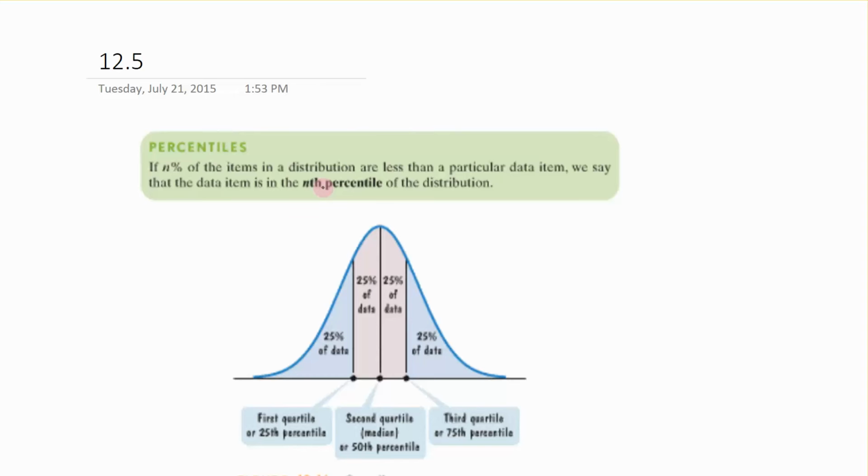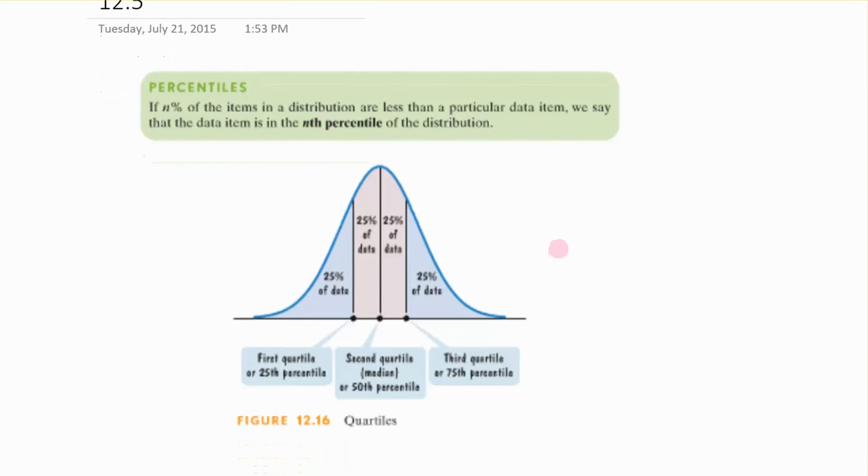There are some special percentiles. If 25% of the data is less than this, it is called the 25th percentile or the first quartile.